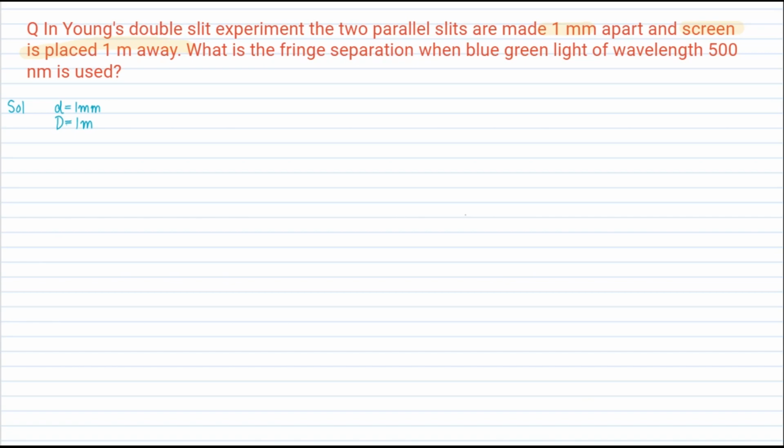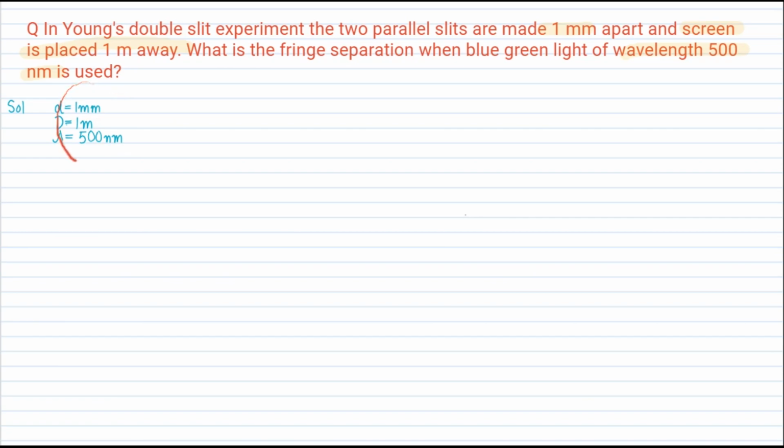So capital D equals 1 meter. The next important thing they have given is the wavelength of this blue-green light, and the wavelength they have given is 500 nanometer. Fine. So small d is 1 millimeter, capital D is 1 meter, and wavelength is 500 nanometer.